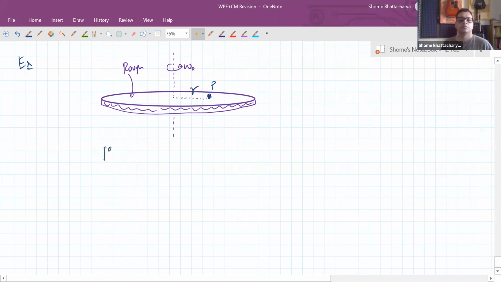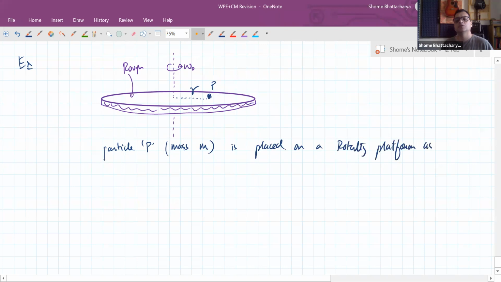So particle P, mass m, is placed on a rotating platform as shown, and does not slip with respect to the platform surface.